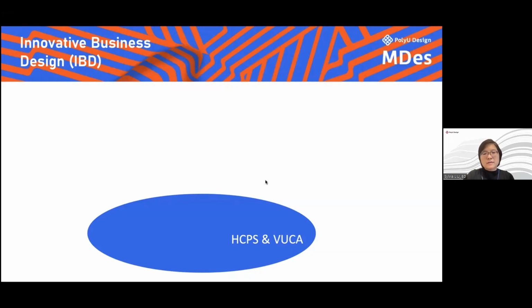And we also emphasize a context of today's environment we call VUCA. VUCA is talking about volatility, uncertainty, complexity, and ambiguity. So those characteristics can describe today's challenges in the industry and the real world.